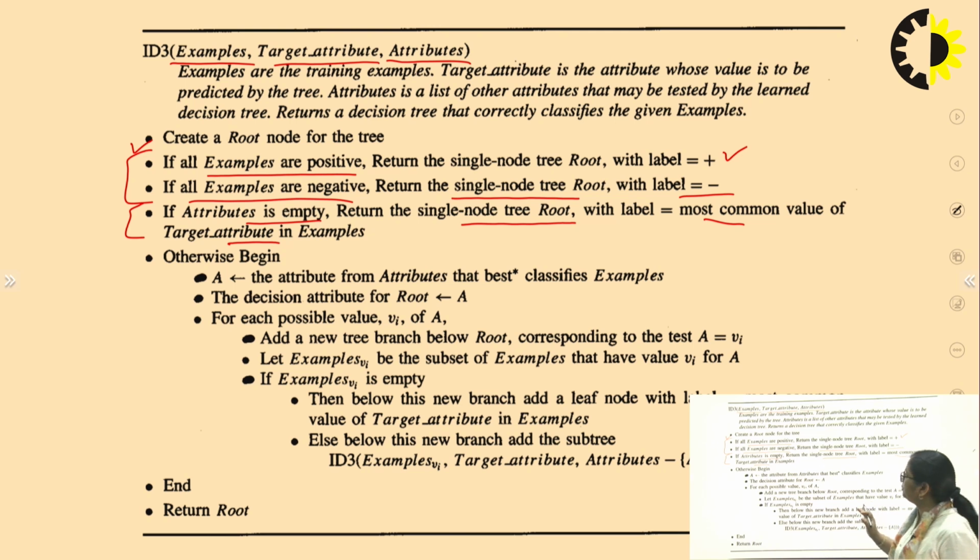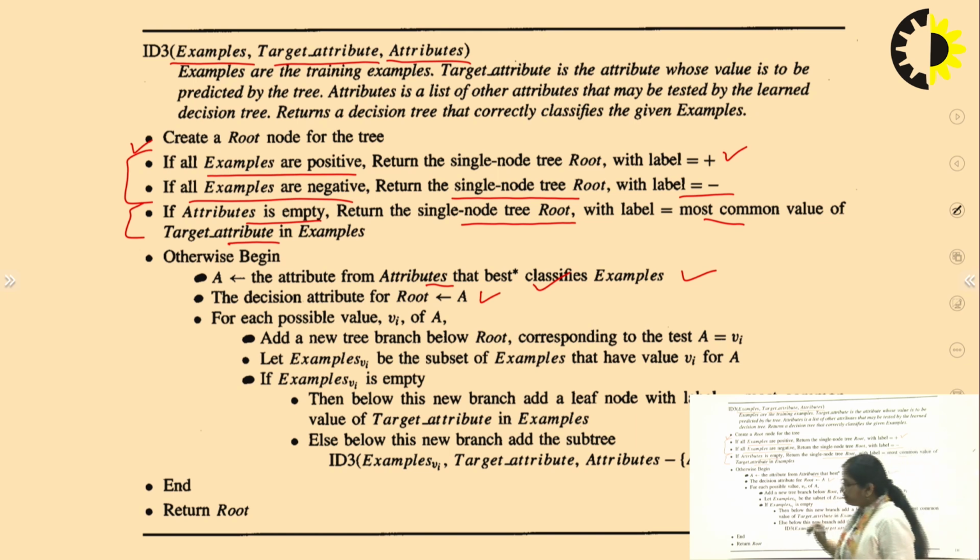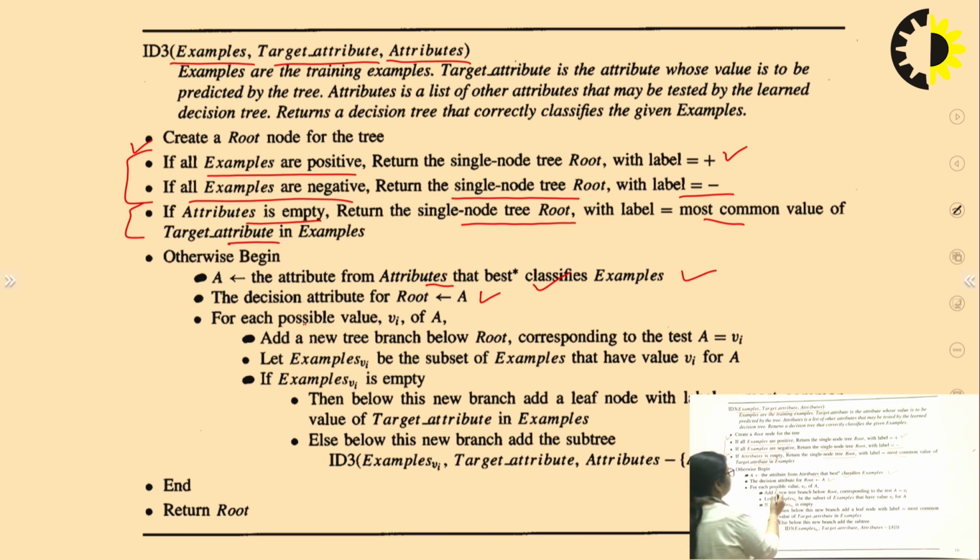In this case, we will find the one attribute from the given set of attributes which is the best classifier, and that we will take. That will be the root node. Now for each possible value vi of A, we will make a branch.